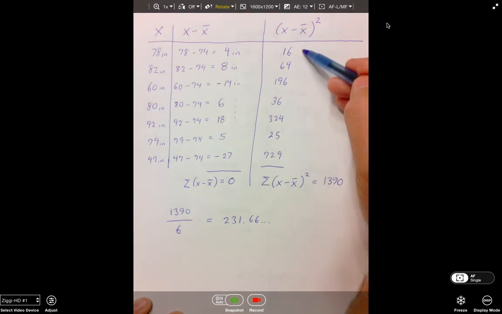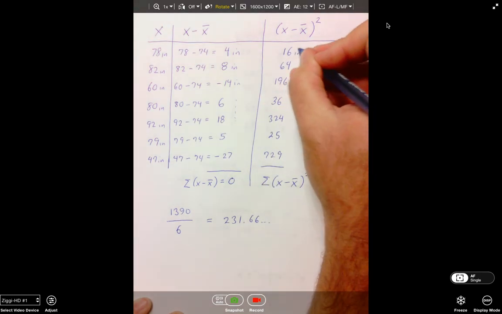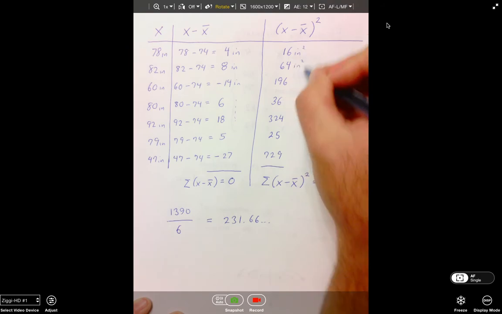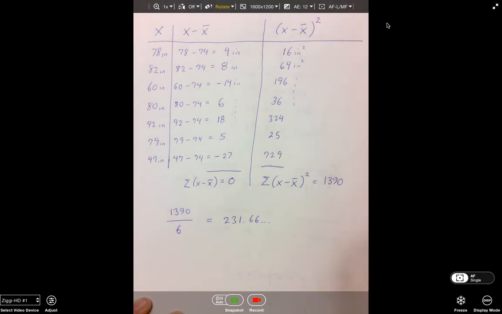And then when I square this, this is going to give me inches squared. And when I sum up a bunch of inches squared, I'm going to get inches squared. And when I take inches squared divided by 6, I get inches squared.